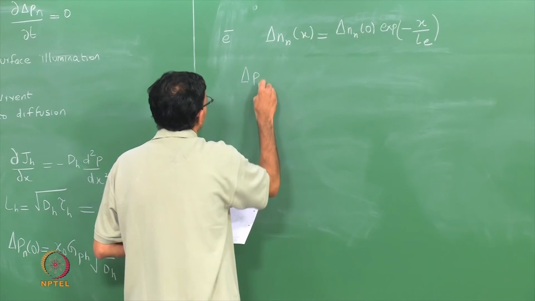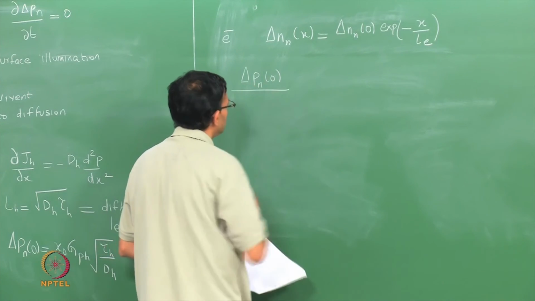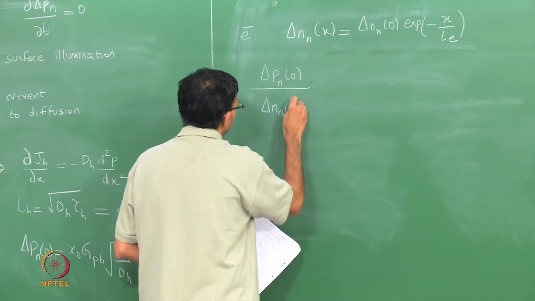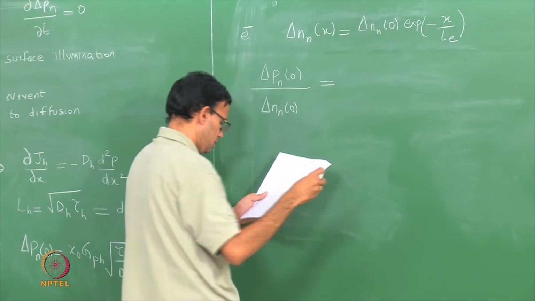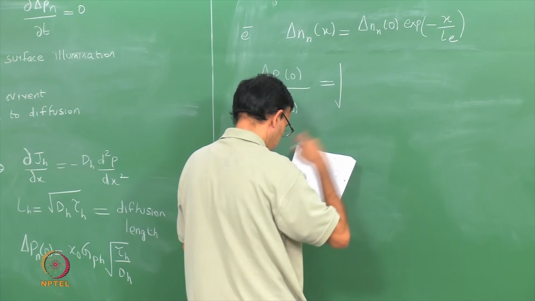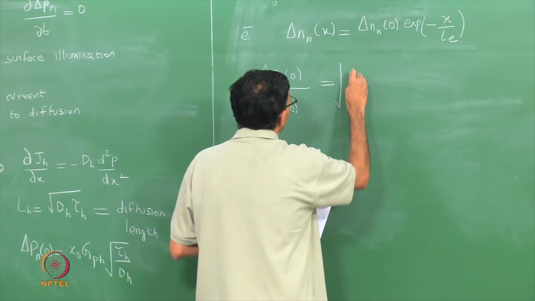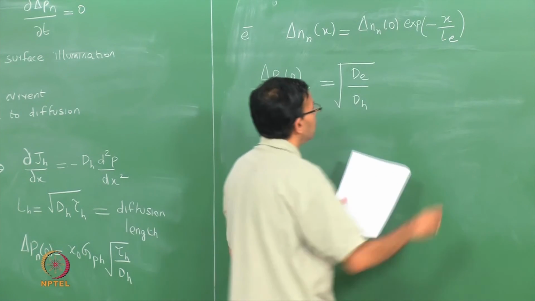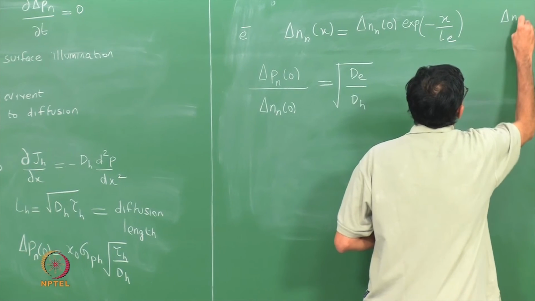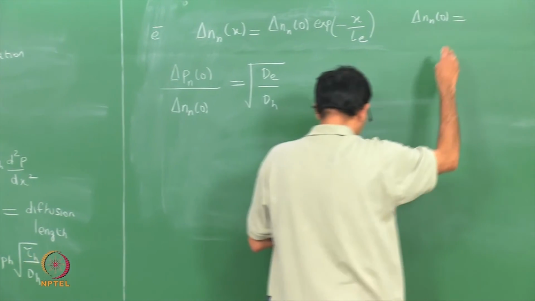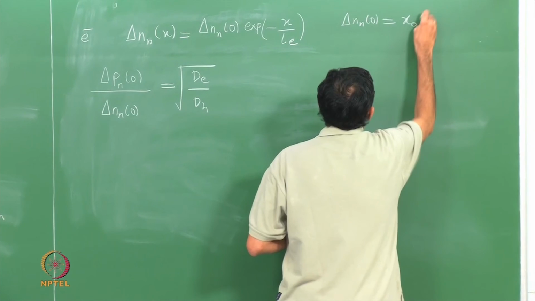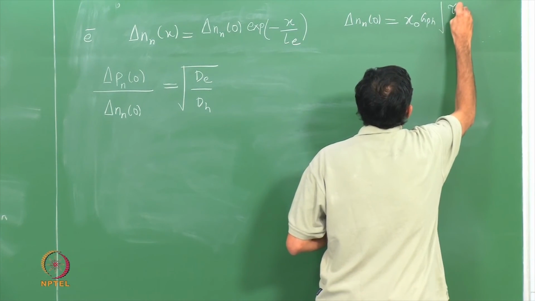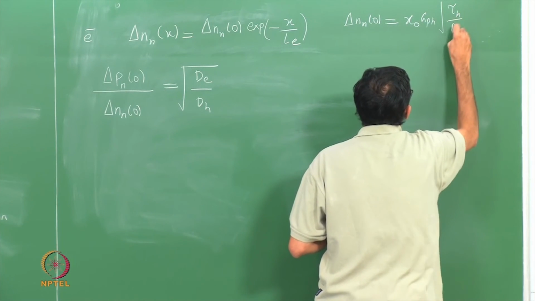So, ΔPn naught, which is the number of holes generated at the surface, and ΔNn naught are related by the square root of De over Dh. So, ΔNn naught is x naught Gph square root of tau h over De.